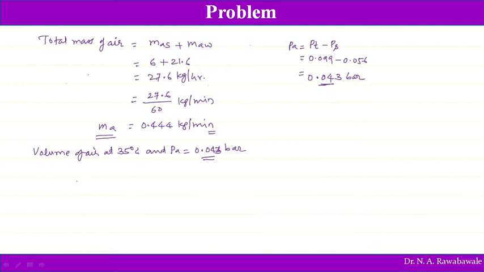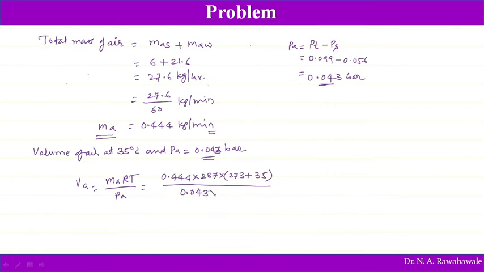Now volume of air is equal to mass of air times R T divided by P_a. Mass of air is 0.444, R is 287, T is 273 plus the temperature of the complete condenser, which is 35 degrees Celsius, divided by the partial pressure of air, 0.043 into 10 to the power of 5.